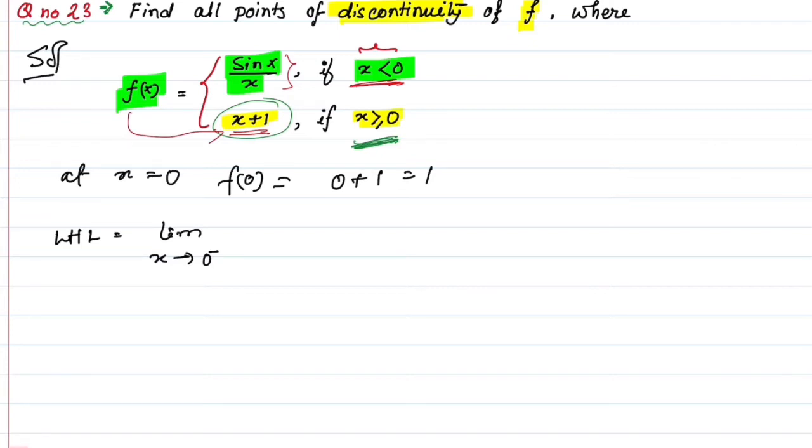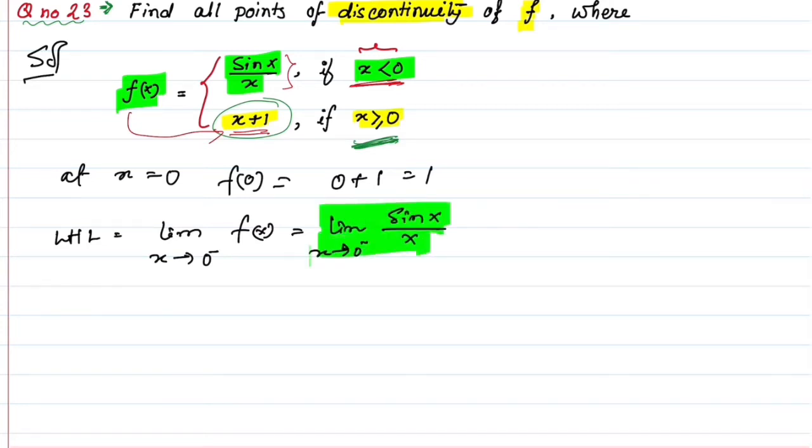So f of x is sin x by x, and we know this is a standard limit: limit of sin x by x when x tends to 0 is equal to 1.